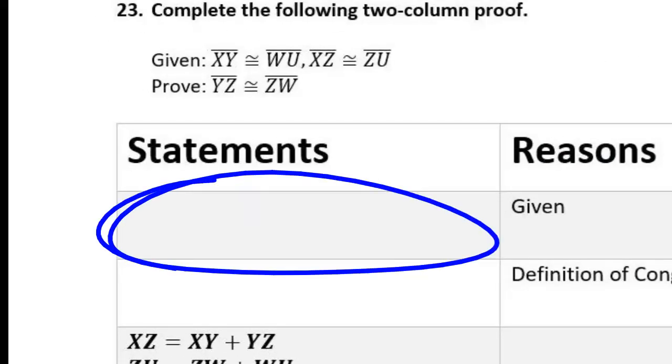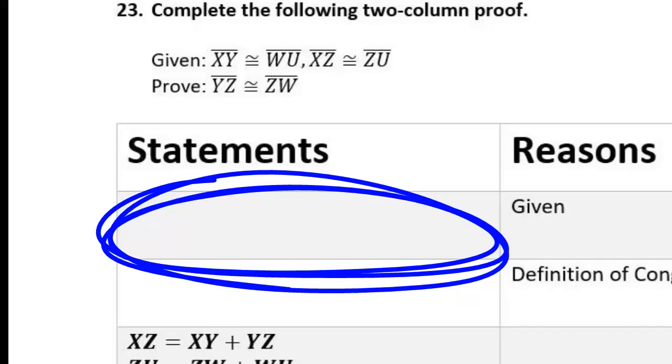What will my first statement be? Segment XY is congruent to WU. Anything else?